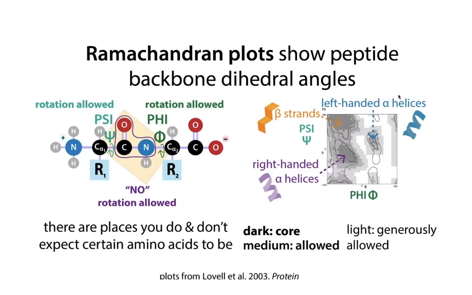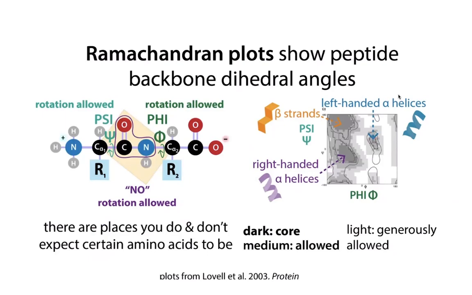So remember that those dark regions are going to be the core, where things are most often found. And so there will be places where you're most likely to find beta strands, left-handed alpha helices and right-handed alpha helices. You'll see that the right-handed alpha helices are going to be much more common than your left-handed.